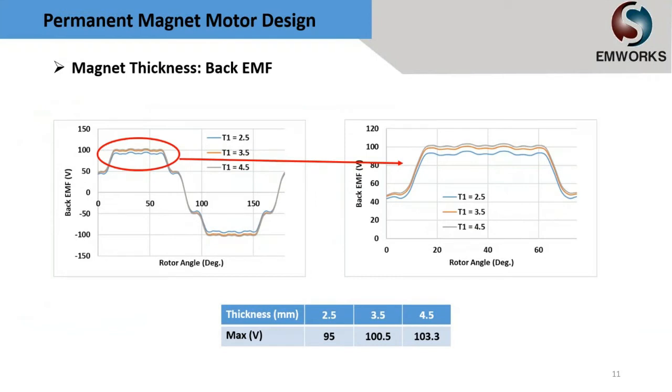Okay, I told you before that we are going to run 2 studies. The first study is where we changed the magnet thickness. In this study, the magnet thickness will be 2.5, 3.5, and 4.5 millimeters. Here you can see the back EMF of the machine at the rotary speed of 2000 RPM for different magnet thicknesses.